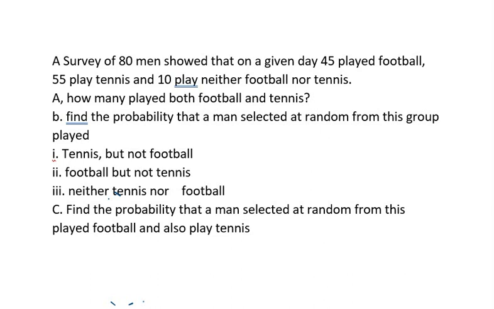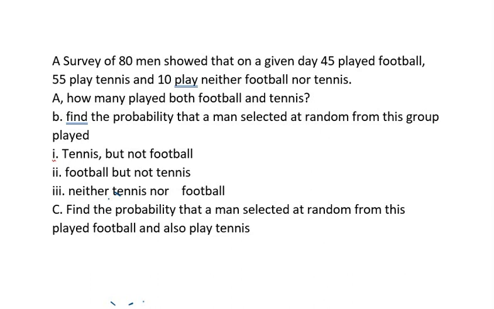Now the question is a survey of 80 men showed that on a given day, 45 play football, 55 play tennis, and 10 play neither football nor tennis. A. How many students play both tennis and football? B. Find the probability that a man selected at random from this group play tennis but not football.